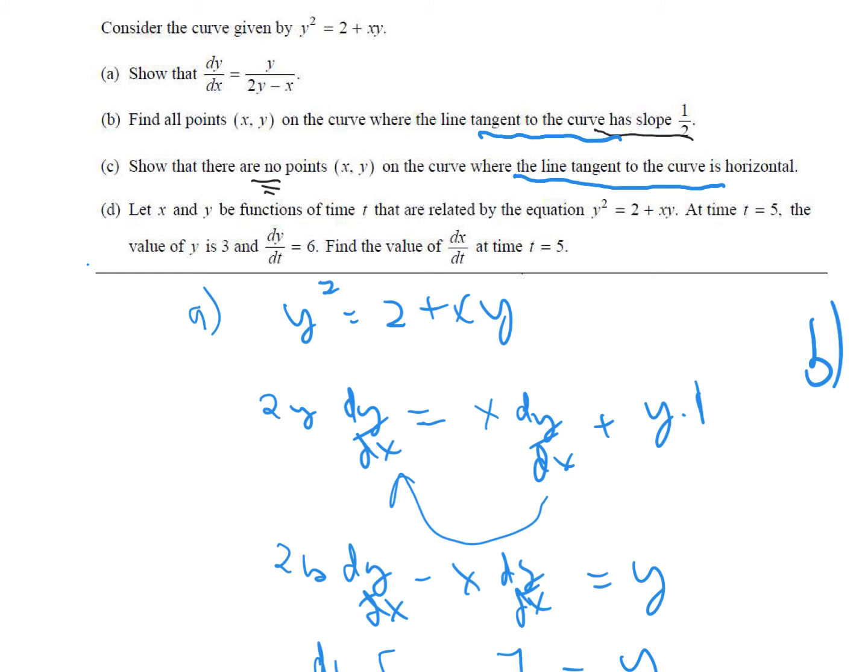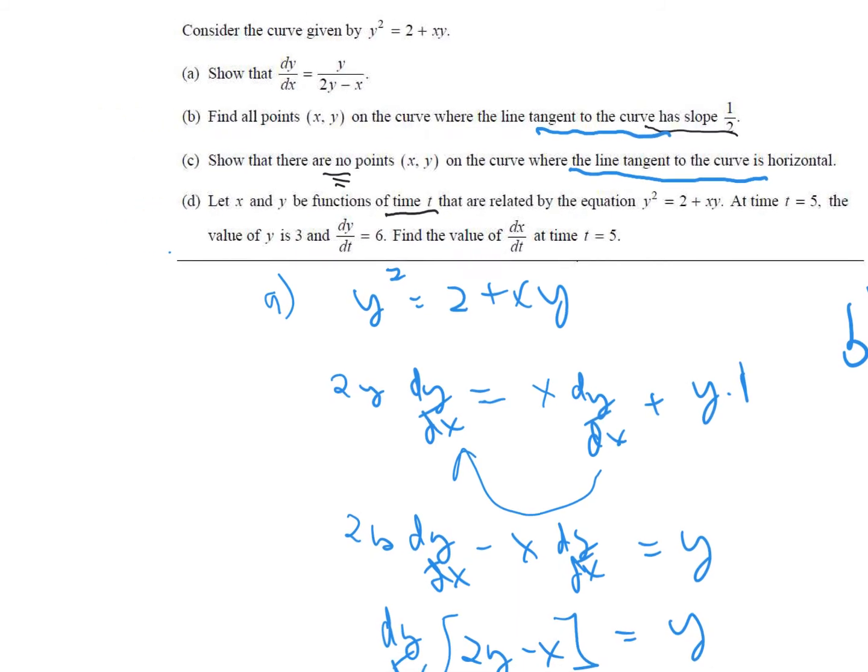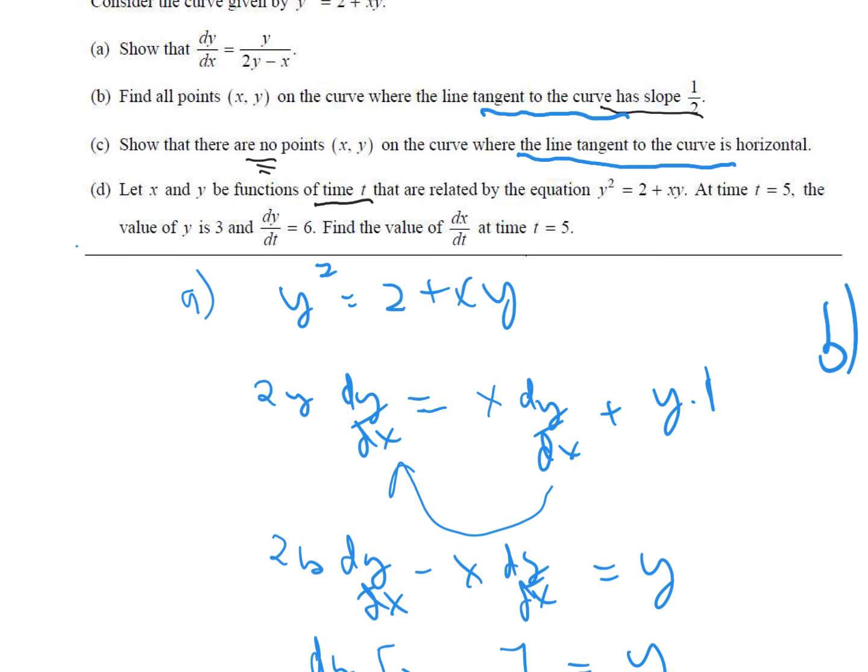Find the value of dx/dt. Oh, it's dy/dt. Oh, he's doing a related rate thing. Okay, yeah, because he changed it. We're talking about a function of time, but we still have an x and a y, so we still are talking about two functions that are related to time. So that tells you it's a related rate kind of deal. Wow, it's been a while since we looked at something like that. That ought to be fun.